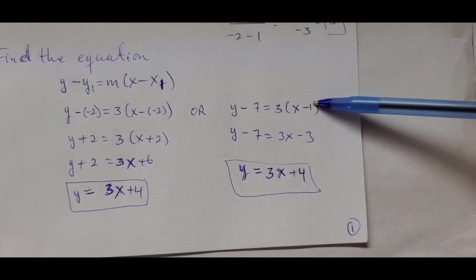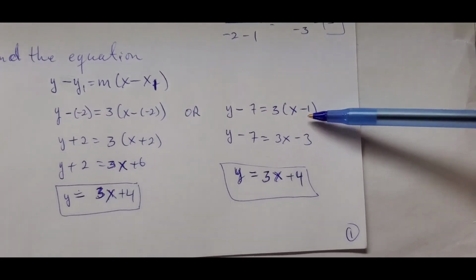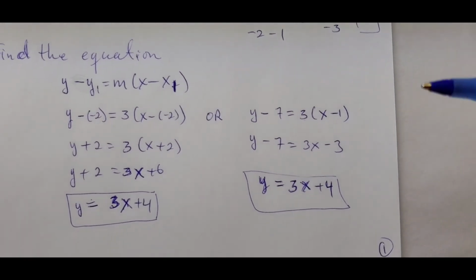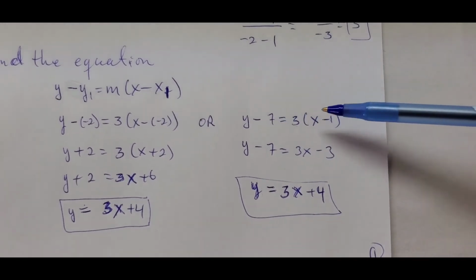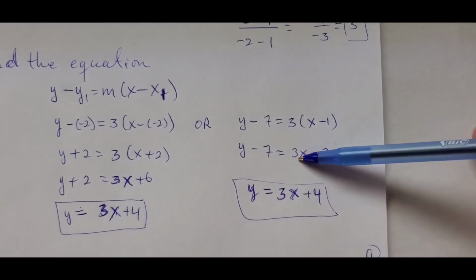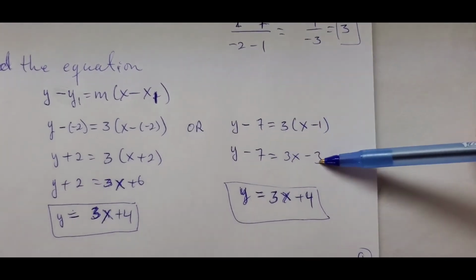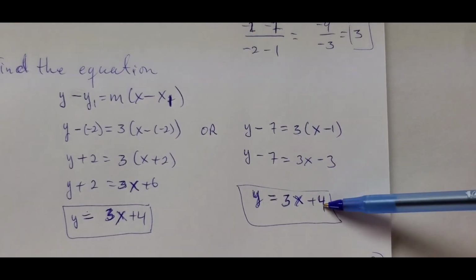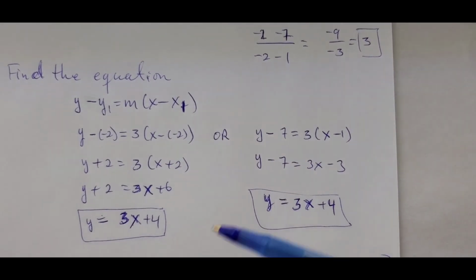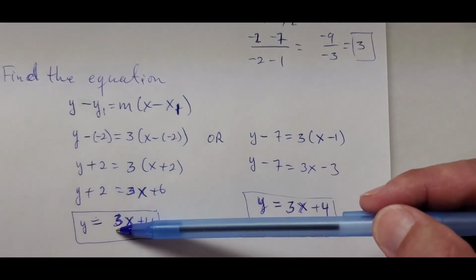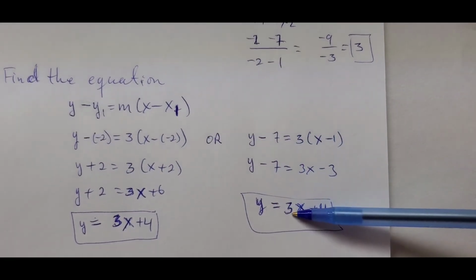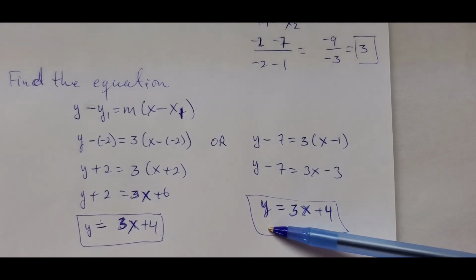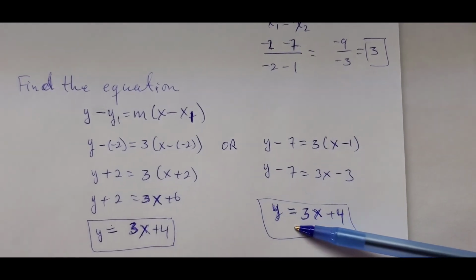Now everything is fine. Distribute, so that gives me 3x, then minus 3, and then plus 7 over gives me 4. As you can see, whether you use the first point or the second point, the answer will be exactly the same. So just pick one.